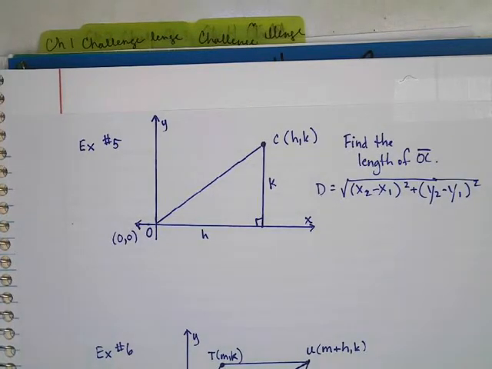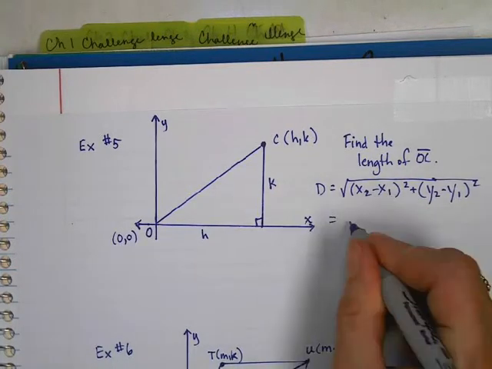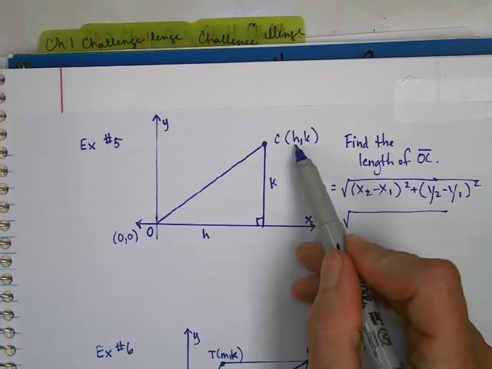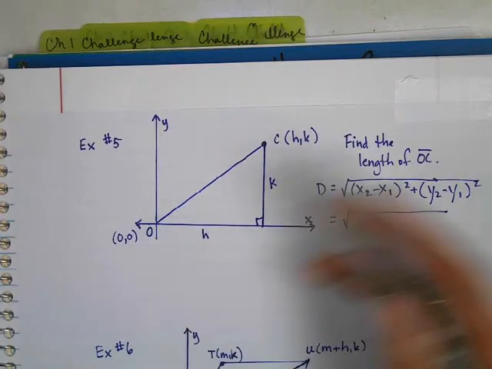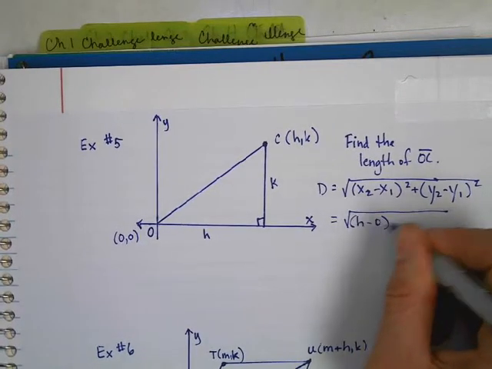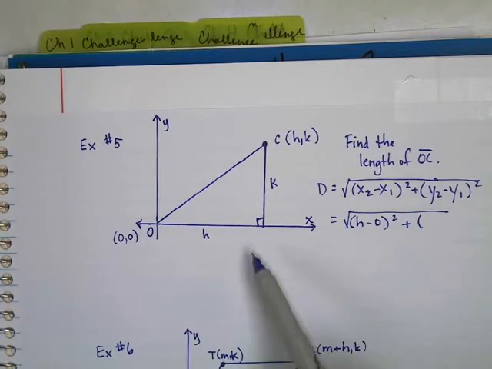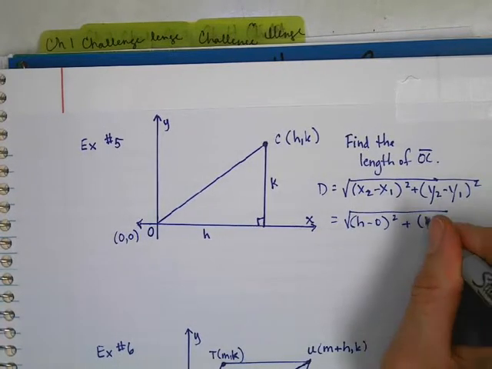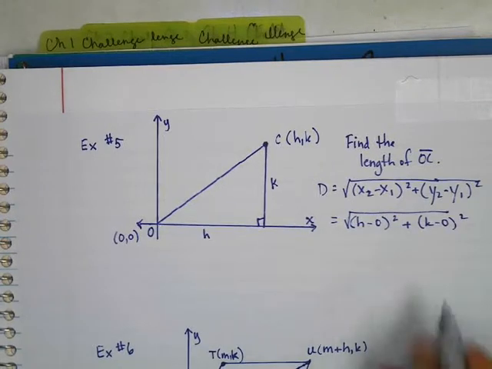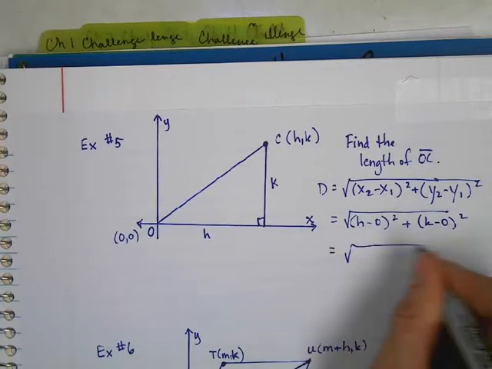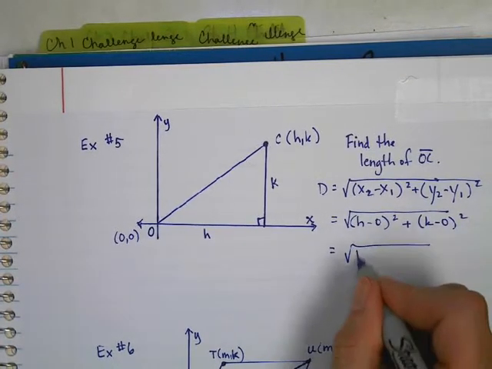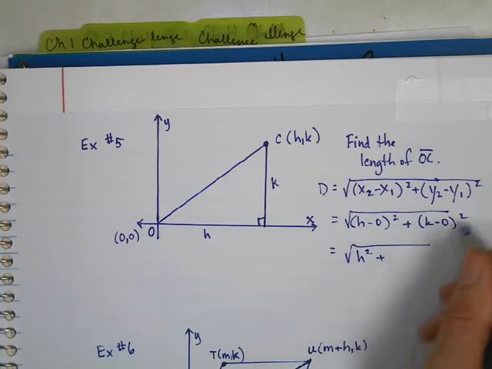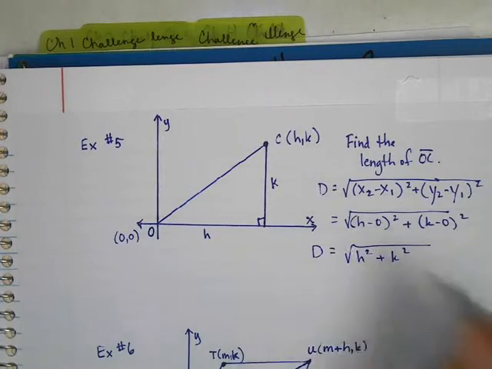Alright, now we're going to subtract the x's, which is going to be h minus 0 squared plus, and the k here, k minus 0 squared. So h minus 0 squared is h squared plus k squared, and that's about as far as we can go.